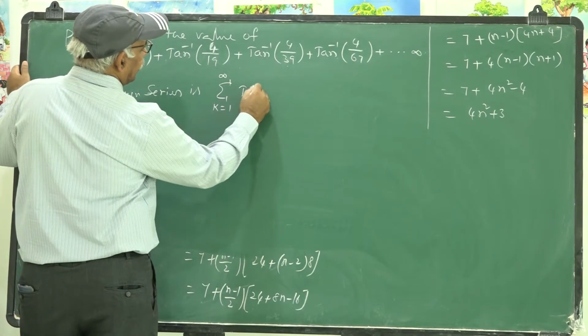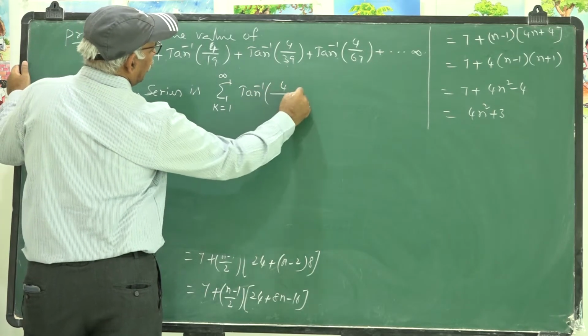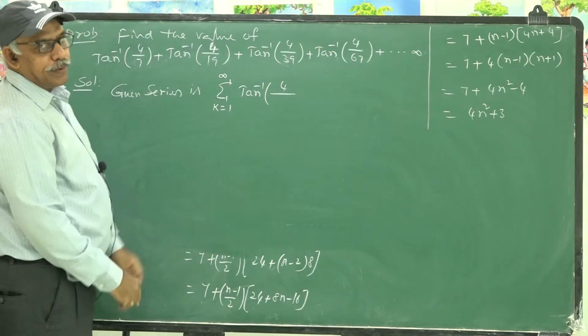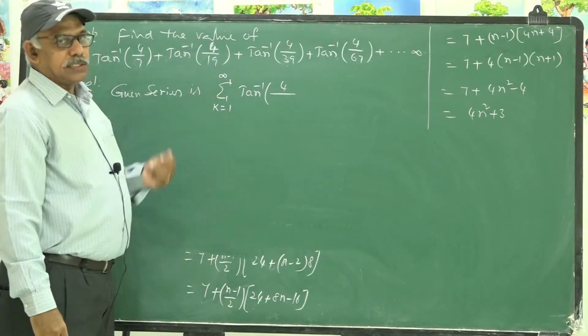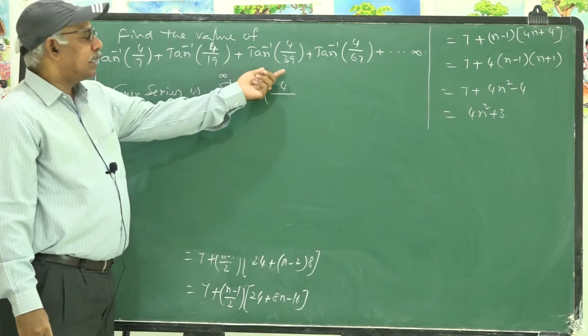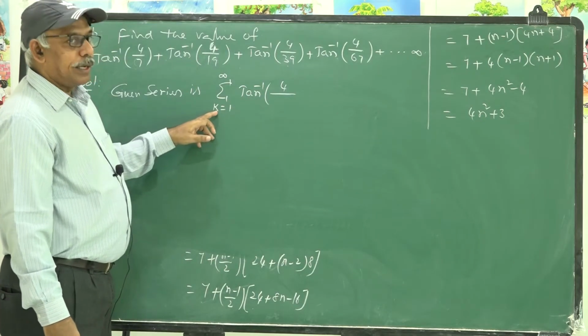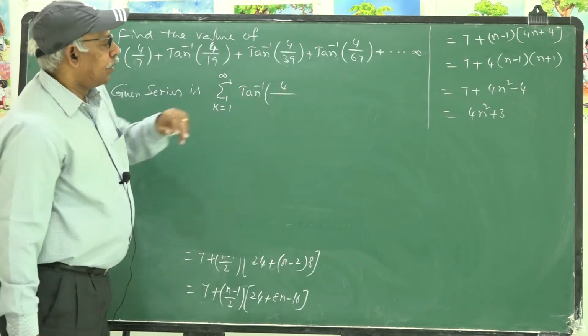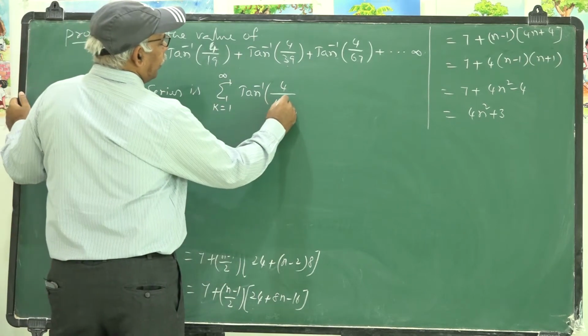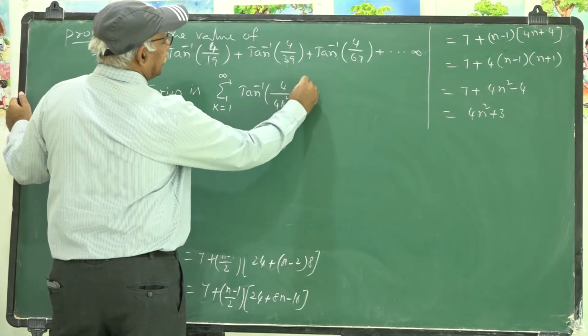Tan inverse is common throughout in each and every term, hence I am taking tan inverse, and 4 by the denominator, taking the summation over k, I am taking 4k square plus 3.